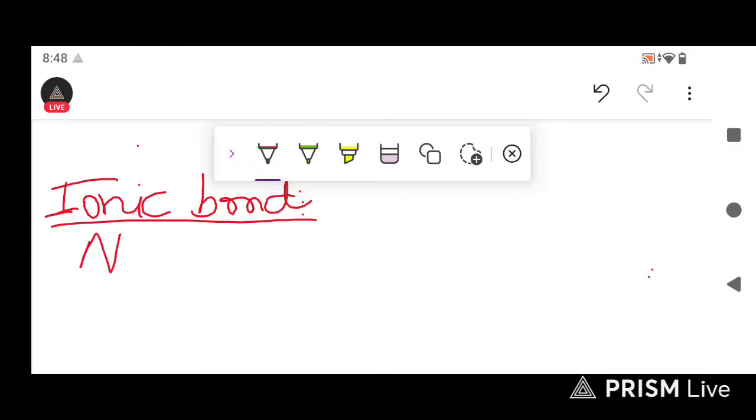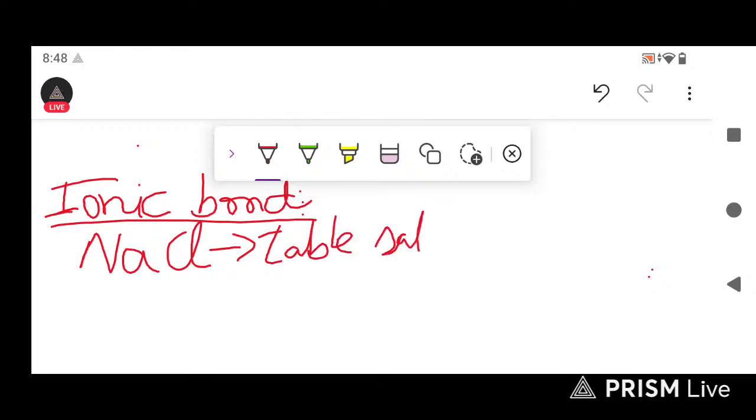Sodium chloride, which is called table salt. How are the positive and negative charges formed? I clearly defined that sodium has one electron in its outermost shell and chlorine has seven electrons.